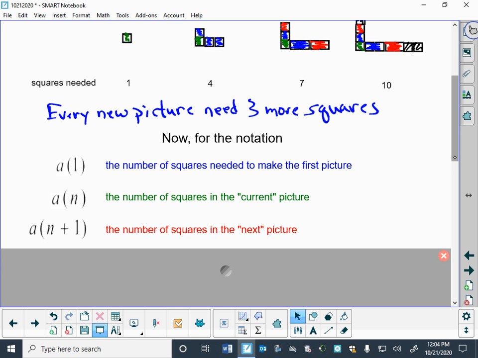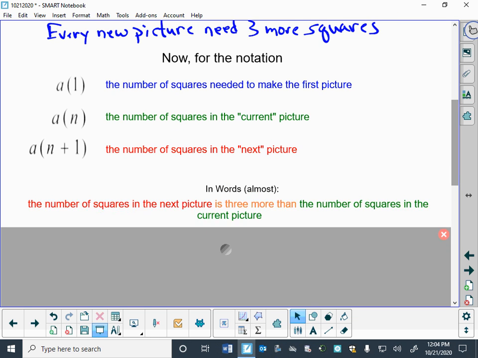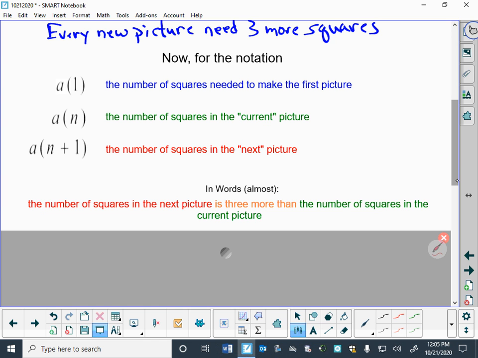Okay, so picture a of n and picture a of n plus 1 are always right next to each other, one right after the other. So how do we use that notation? Well, first of all, in words, and trying to connect with the color codes that I have on here, the number of squares in the next picture, so here in red, is 3 more than the number of squares in the current picture.